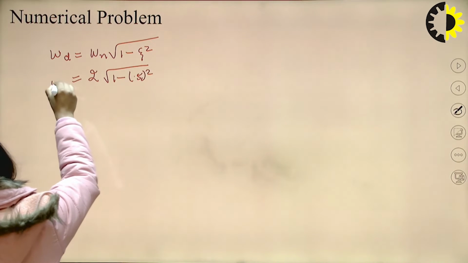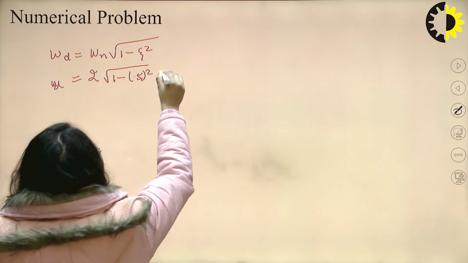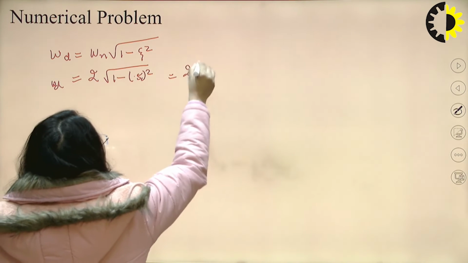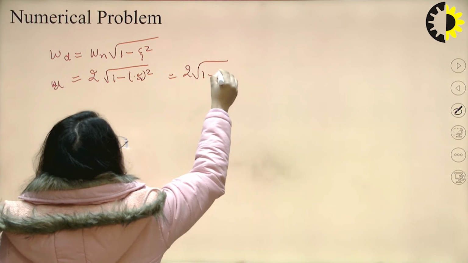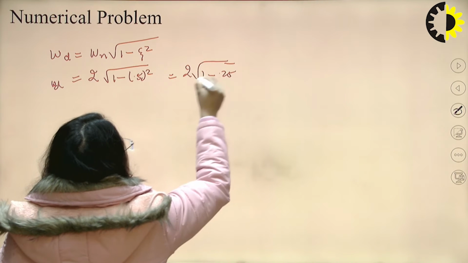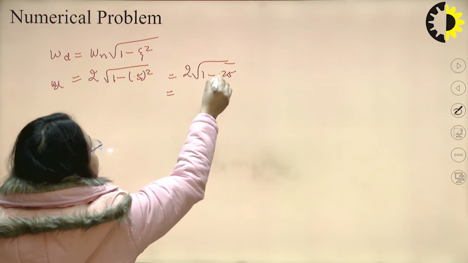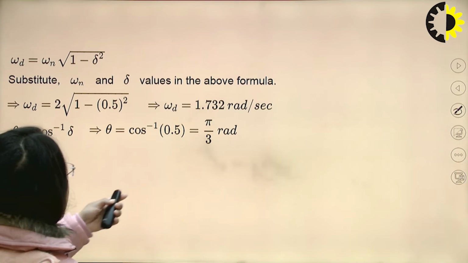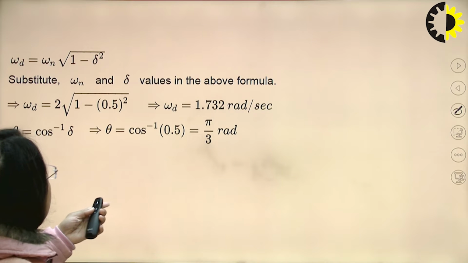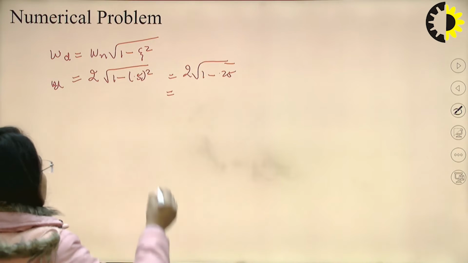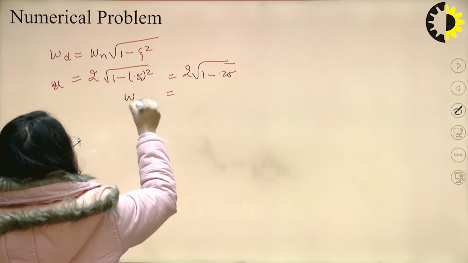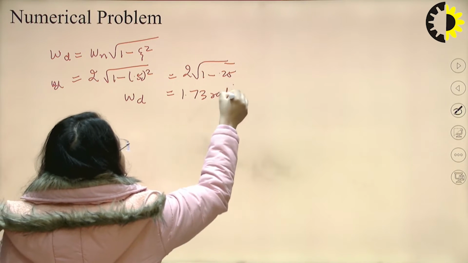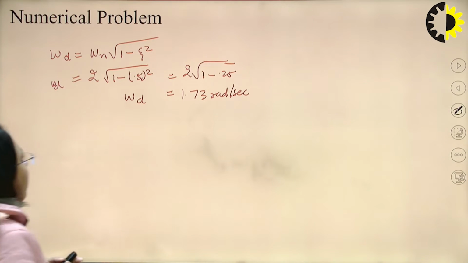So we can calculate it as 2 into 1 minus 0.25, that means it is 0.75, and the value comes out to be 1.73. The value of omega d will be 1.73 radians per second. Okay.